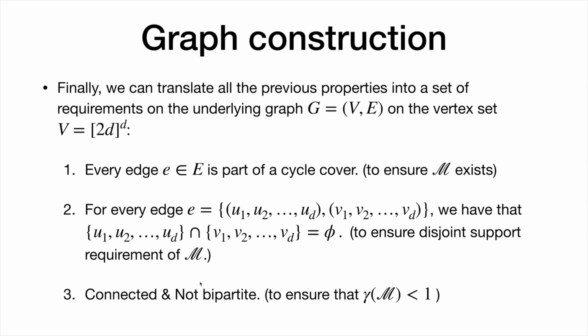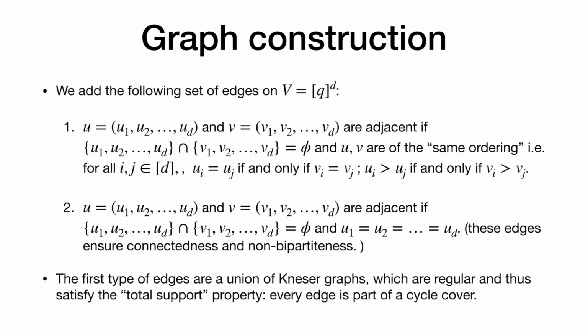So how do you construct a graph satisfying all these properties? We do it by starting off with the empty graph on this vertex set, here Q equal to 2D, and adding edges in two phases.